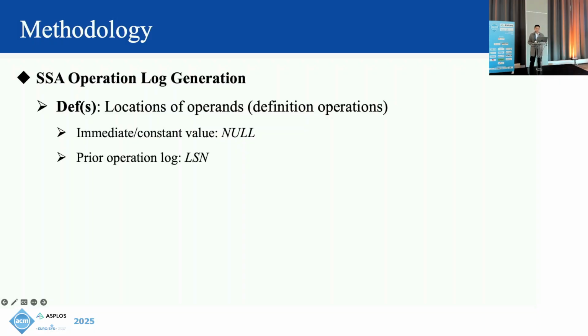If the operand comes from a previous operation or instruction, we assign the log sequence number of that operation to the field. And for SLOAD operations that access persistent and global storage, we log the corresponding storage key to that field. These logs form a complete structured trace of the transaction execution, making dependencies between instructions explicit.